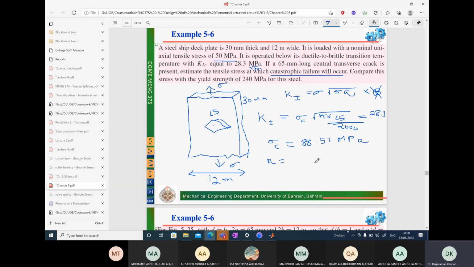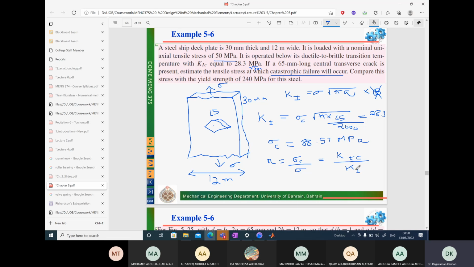In fact, we can calculate a factor of safety based upon these stress values as sigma c over the actual sigma value. The factor of safety is actually defined as KIC over KI value.